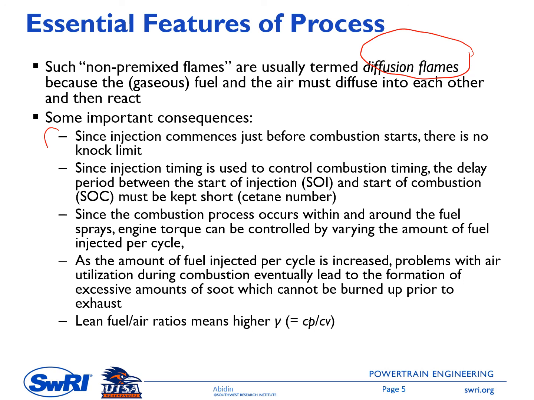That is one of the emission products in diesel combustion. And because the combustion occurs right after the fuel is injected, we can set this combustion process under lean conditions, which means we can have a benefit in terms of thermodynamic efficiency.